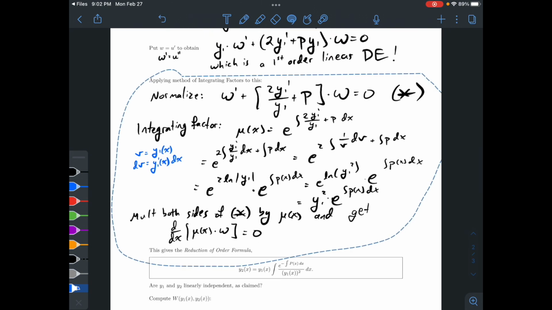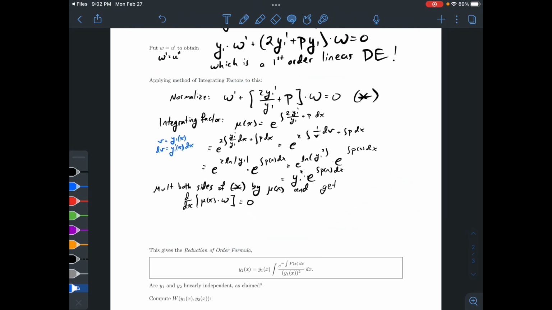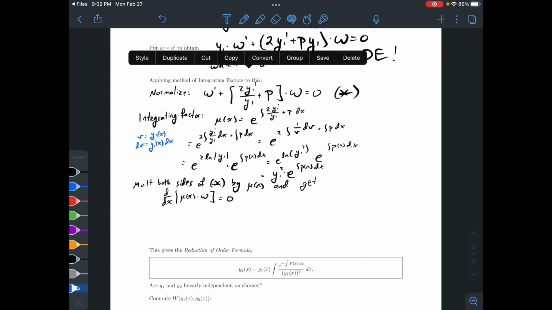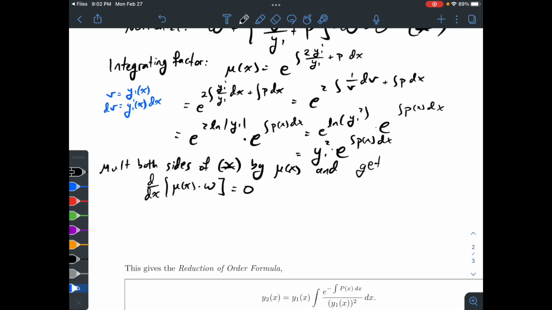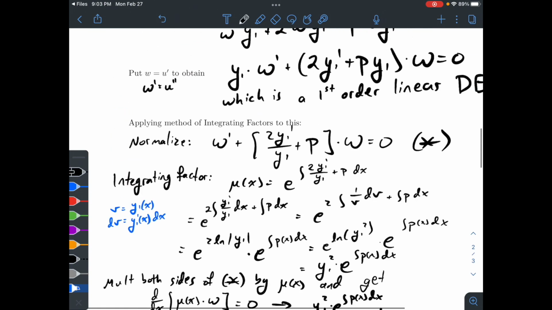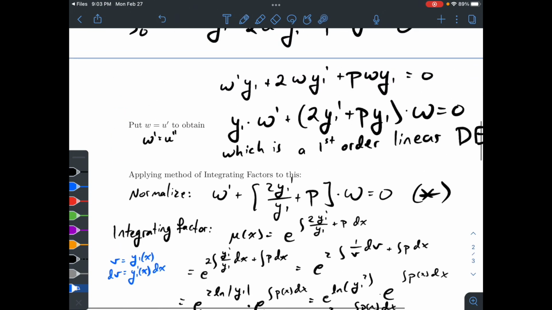I'm running out of space. Let's make a little bit more space. So you get mu of x, which is really y1 squared times e to the integral of p of x dx, times w, and remember what w was? w was equal to u prime.